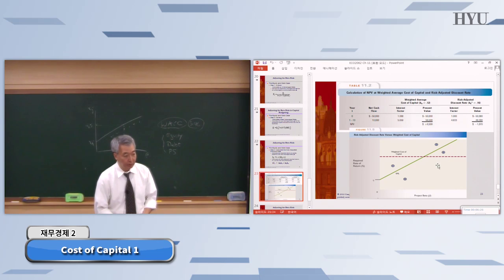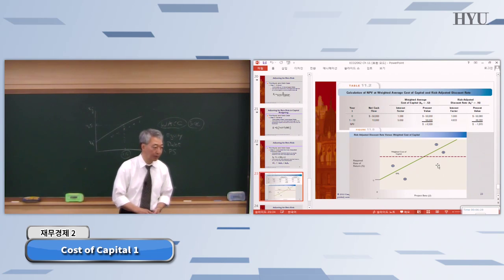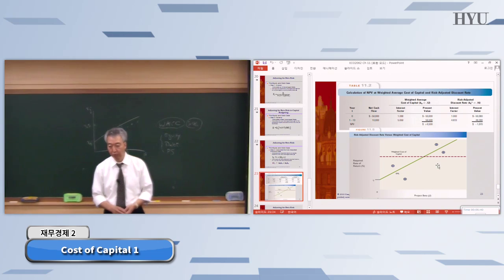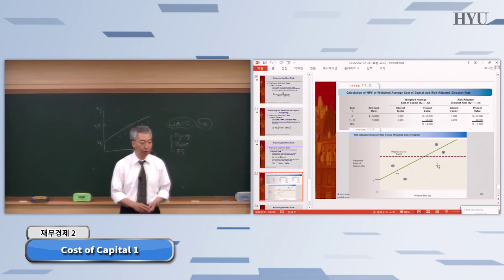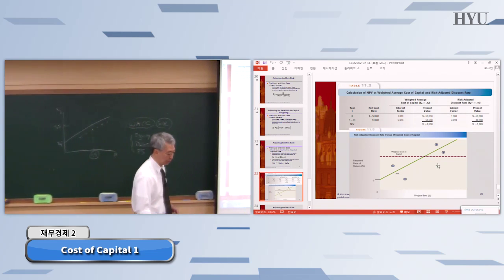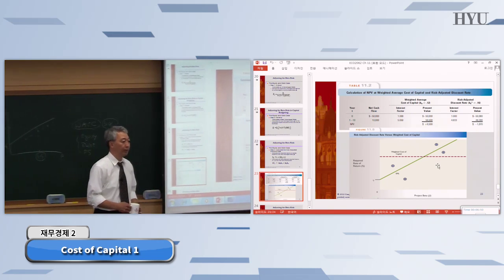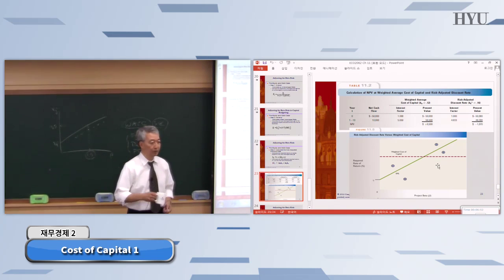So the point is, depending on what criterion you use, you will accept or reject the projects in different ways. Your decision will be different. Which one should you prefer? The WACC approach or the RADR approach, the risk-adjusted discount rate approach?